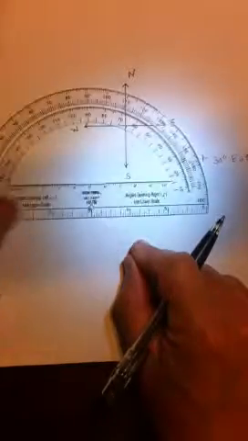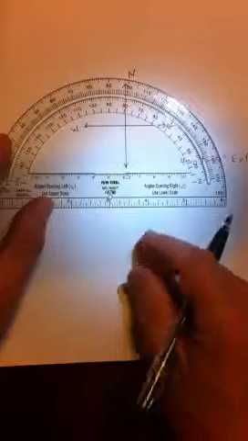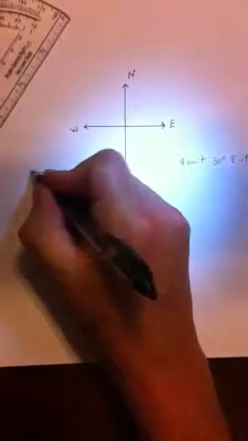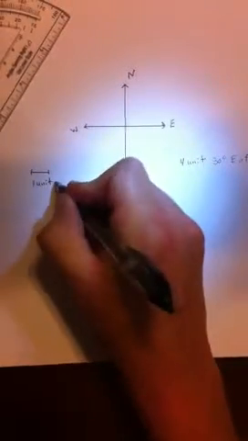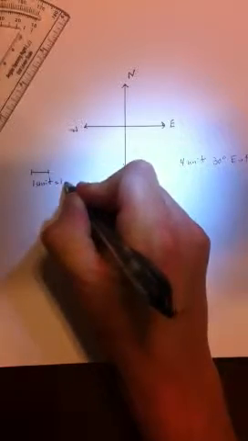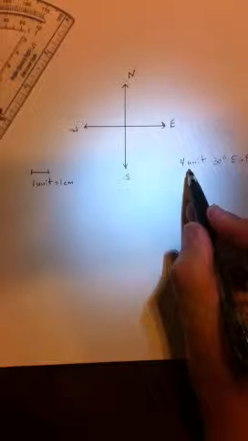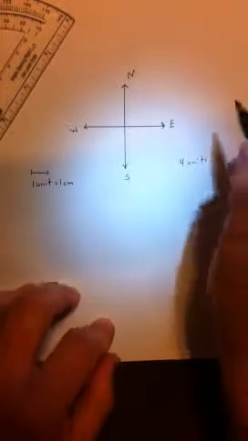And my scale might be something like 1 centimeter is the same as 1 unit. So using my metric ruler here, I'll indicate my scale. 1 unit equals 1 centimeter. So a 4-unit vector would be 4 centimeters long, an arrow whose length is 4 centimeters.